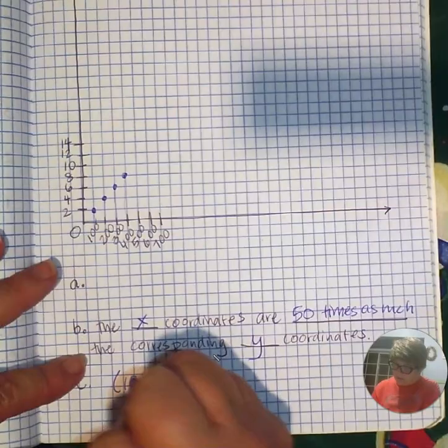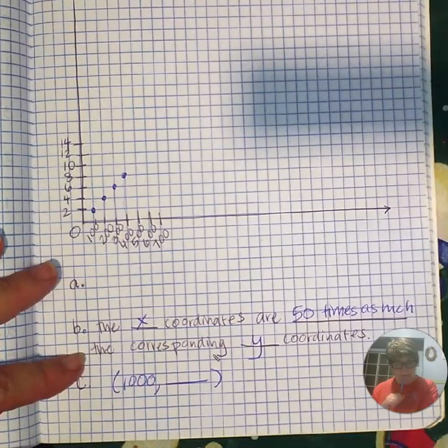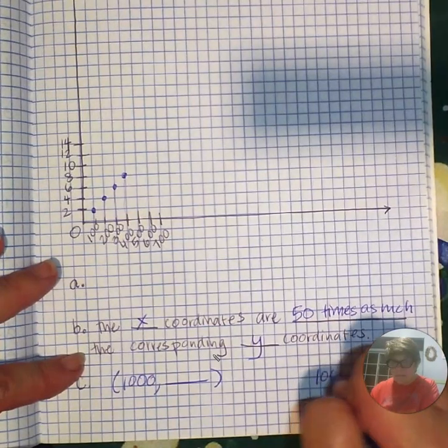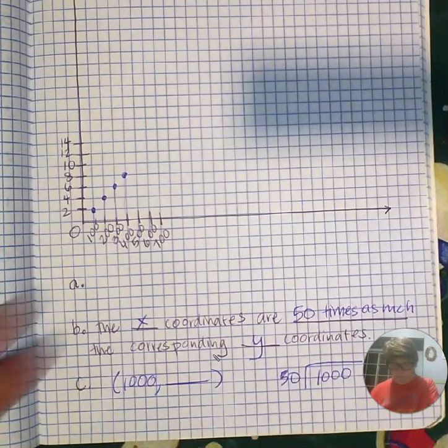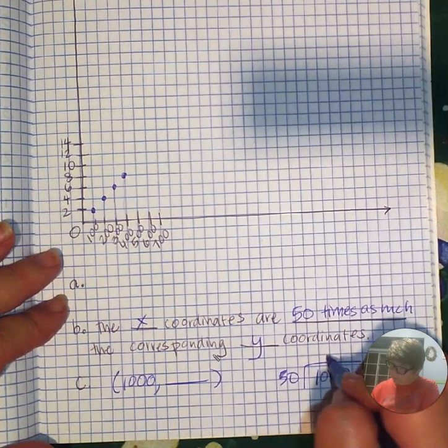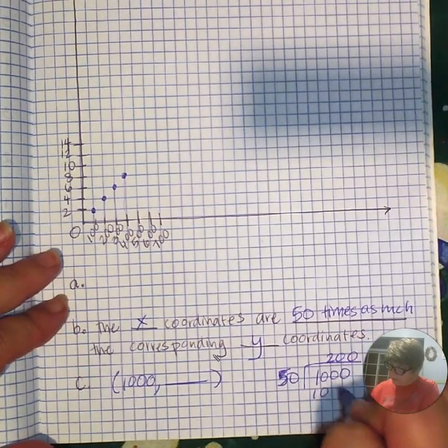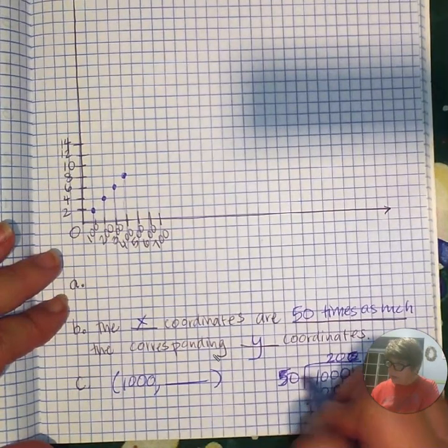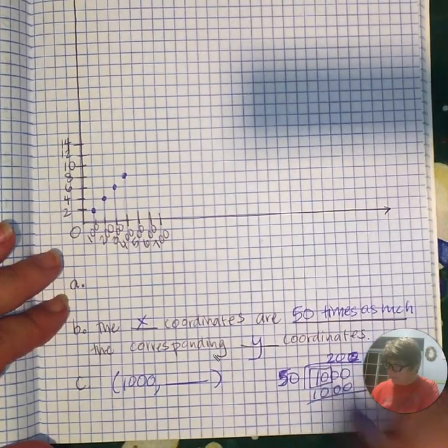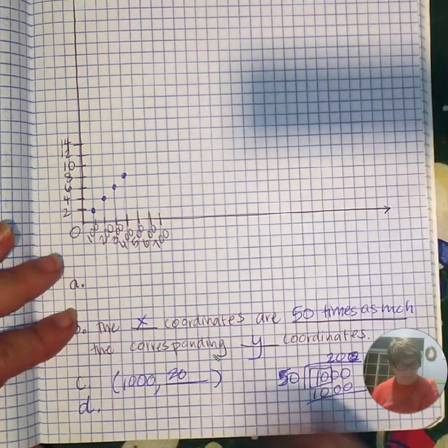So x is 1,000, y is 1,000 divided by 50. 20. Too many zeros. Okay, sorry. 20. And then D.